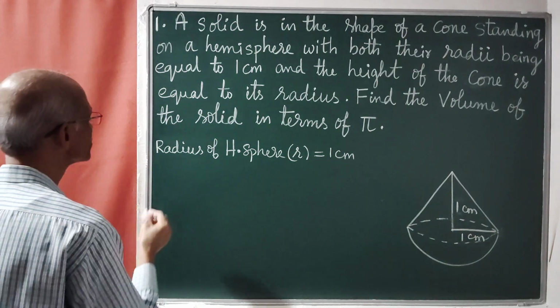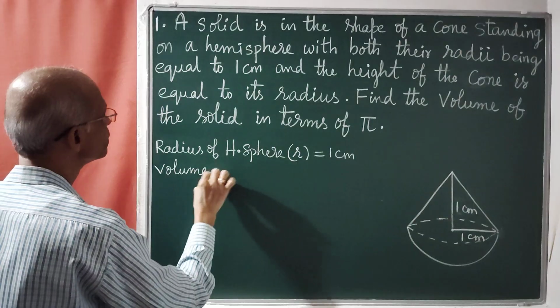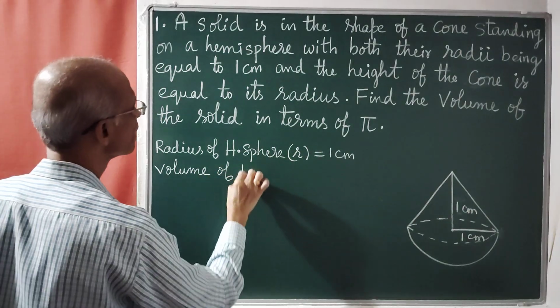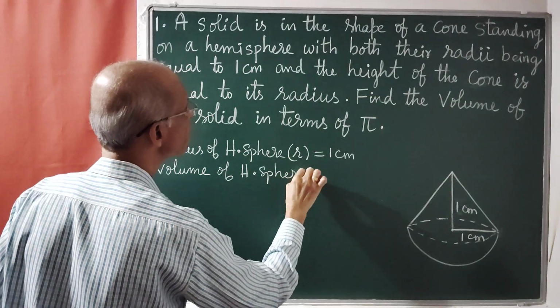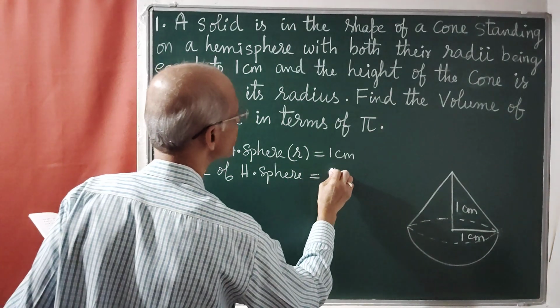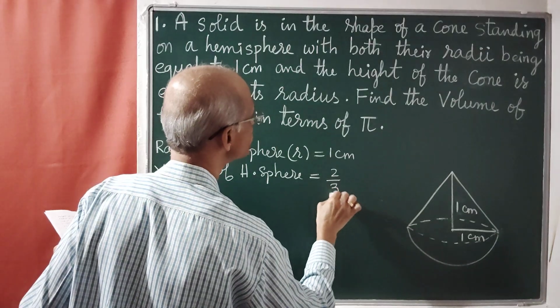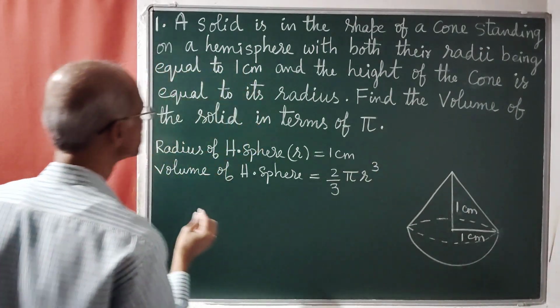So volume of hemisphere is equal to 2 by 3 pi r cube.